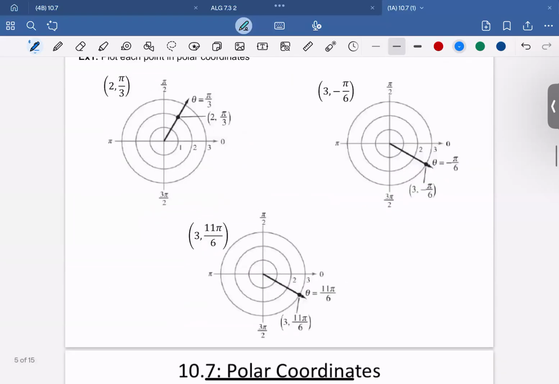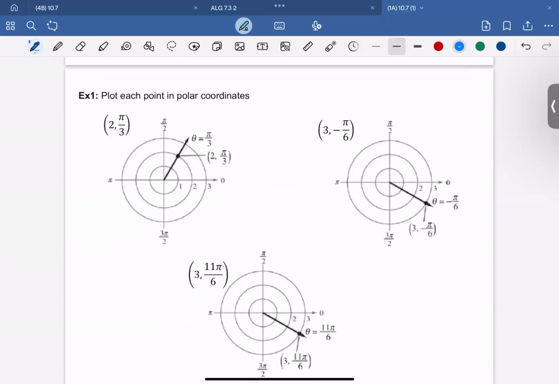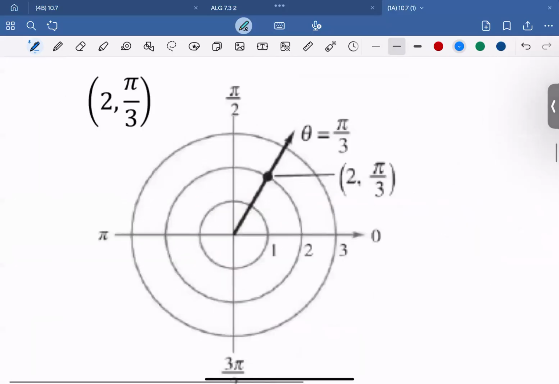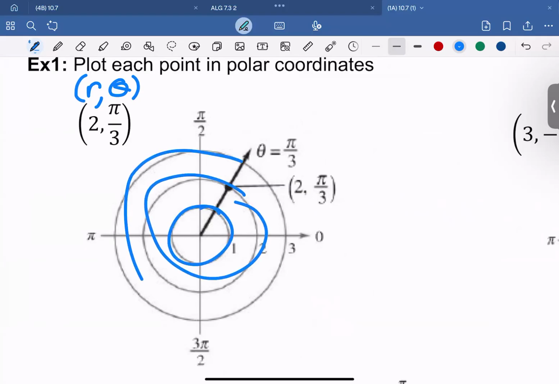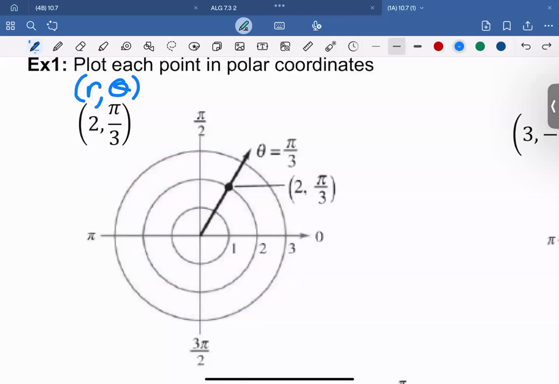Okay. So here are 3 examples of polar coordinates and plotting them. So if we look at this first one, we have a 2 in the r spot and pi over 3 in the theta spot. So these concentric circles, right? You see these going around, horrible circles, but right now we have them labeled as just 1 through 3.